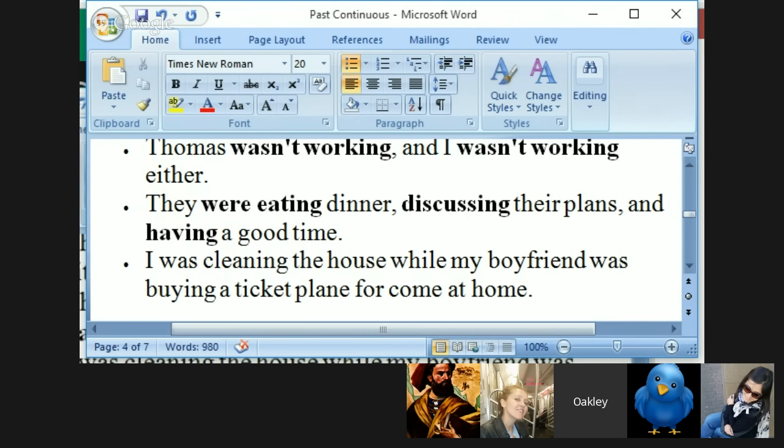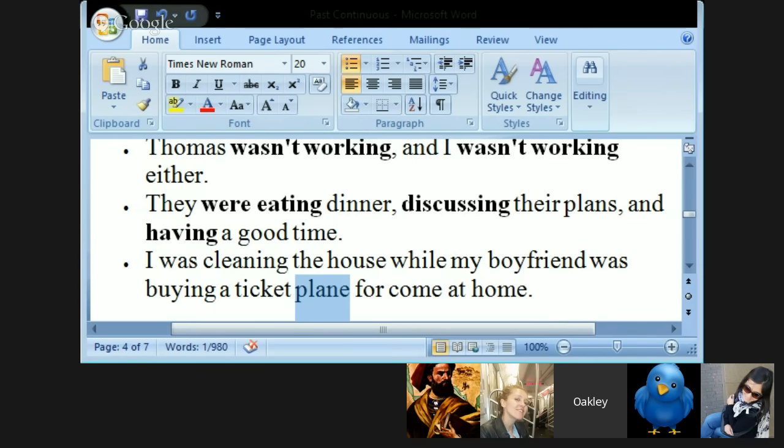The basic idea of two parallel actions, that you got right. That concept is right there. I was cleaning the house while my boyfriend was buying a ticket plane. What type of ticket is it?